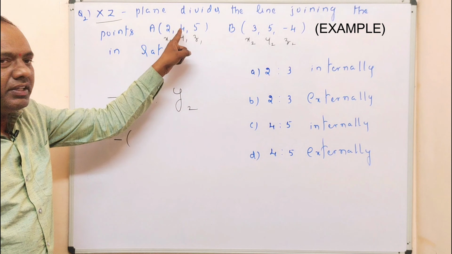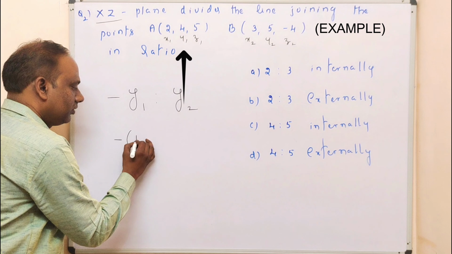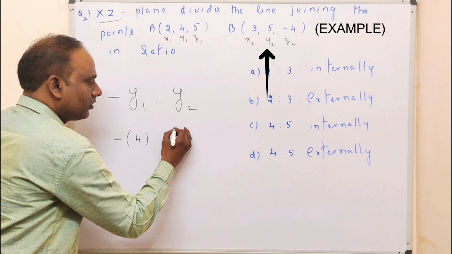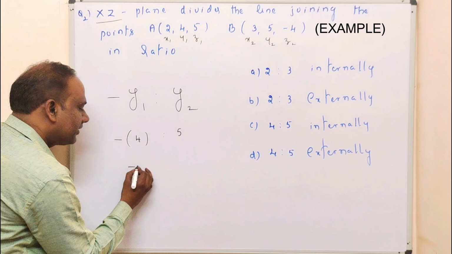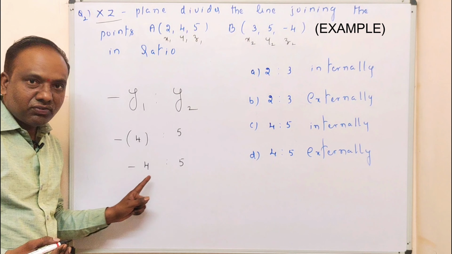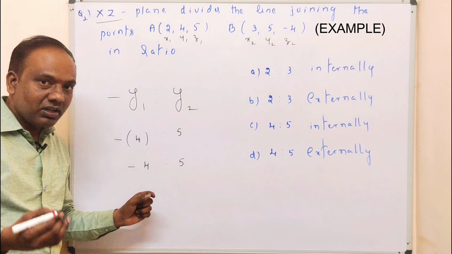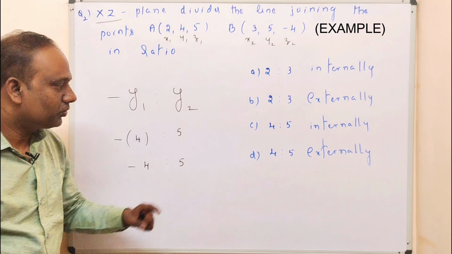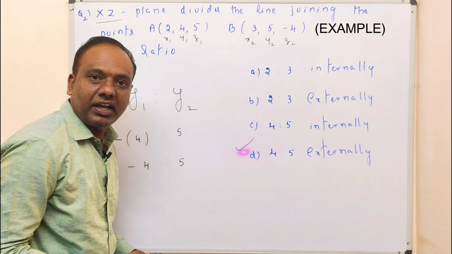Here y1 is 4 and y2 is 5, so it is minus 4 is to 5. The answer is 4 is to 5 externally. This is the correct answer.